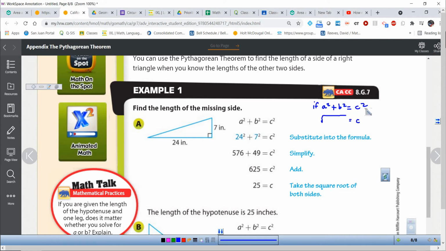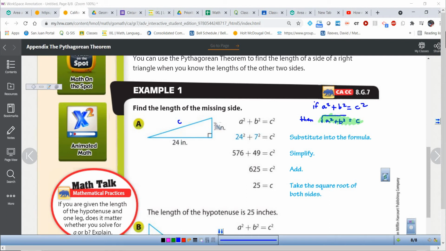So the square root of A squared plus B squared is equal to C, because we're usually trying to find C, not C squared. So we will actually be using this: C is equal to the square root of A squared plus B squared.